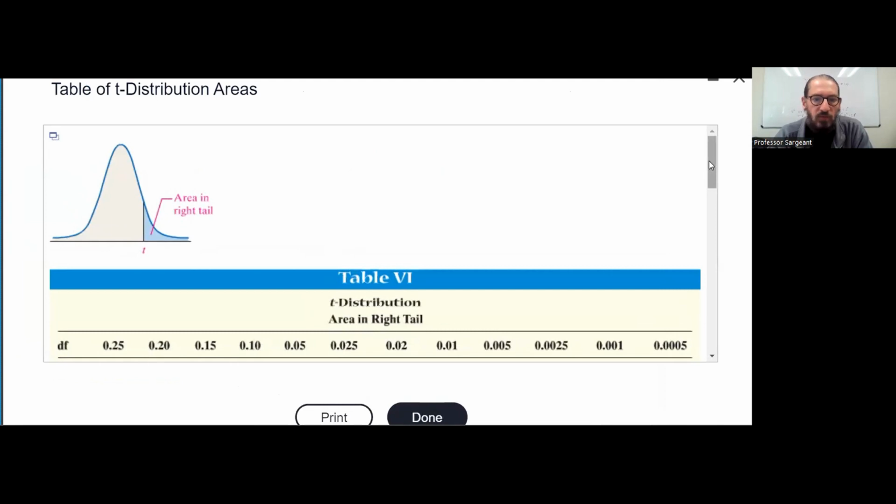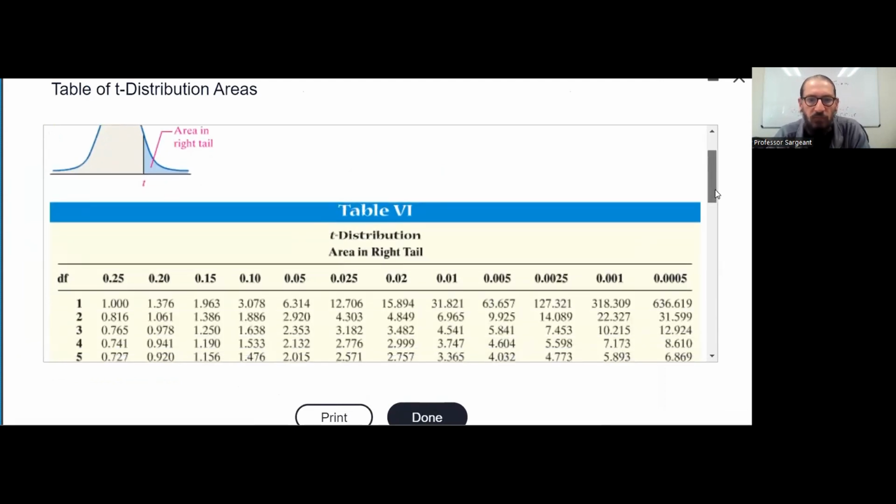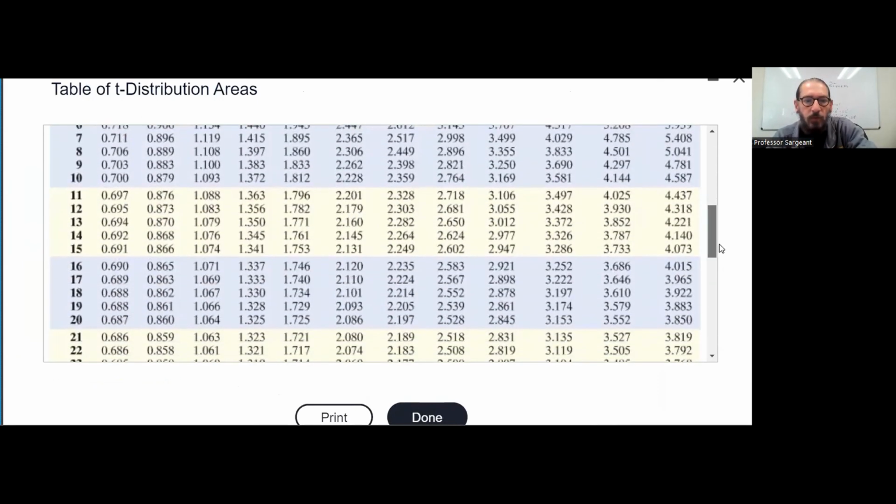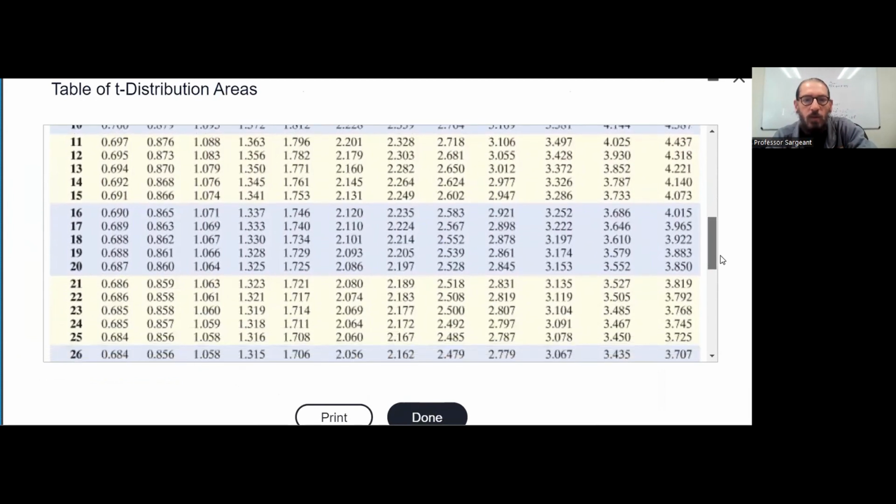0.15. That's, besides the DF column, the third from the left. So 22 degrees of freedom. Now our critical T value, the T sub alpha over 2, is pretty small, 1.061.